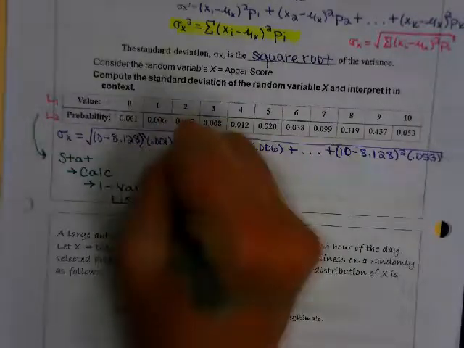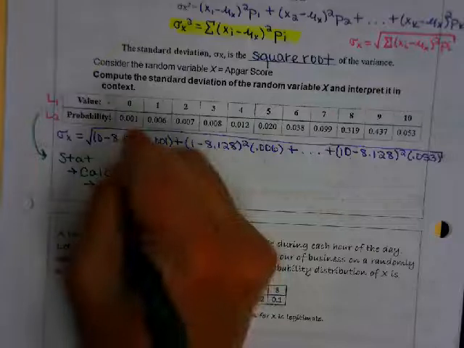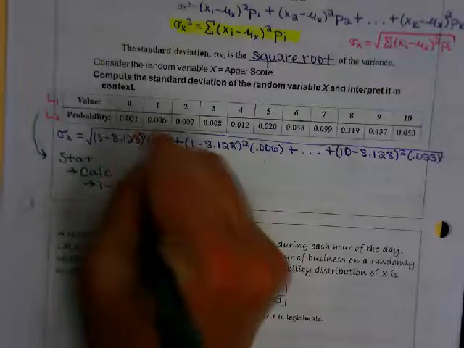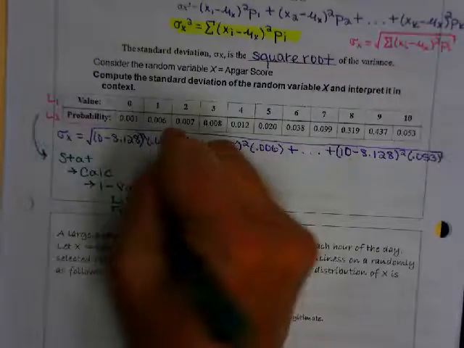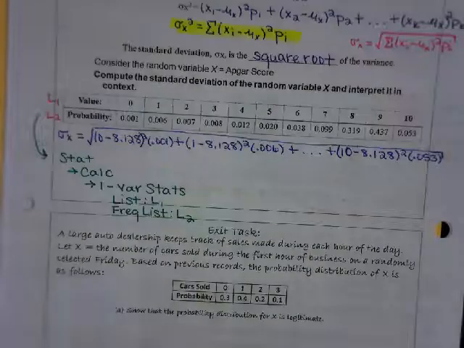Then x bar is your expected value of x, or your mean of x, and sigma x is your standard deviation.